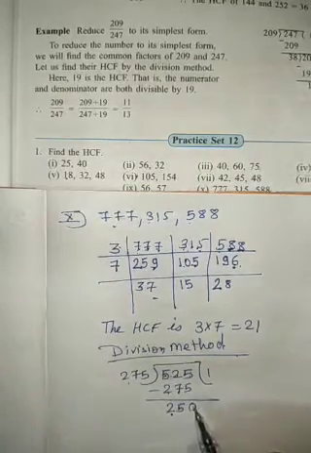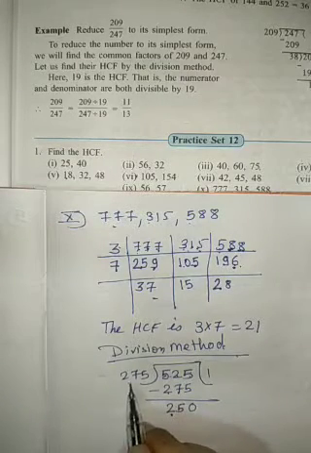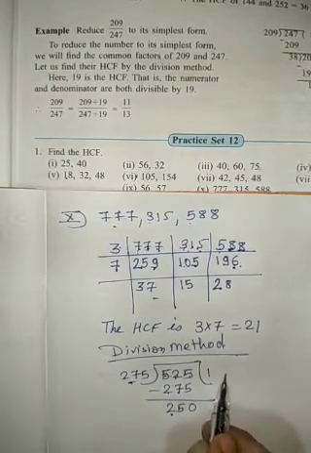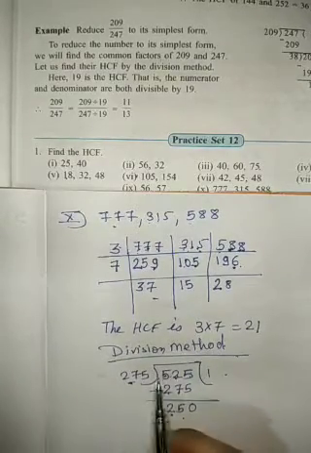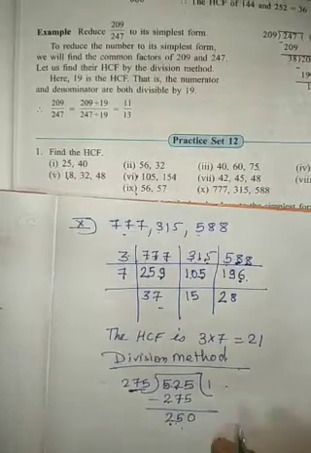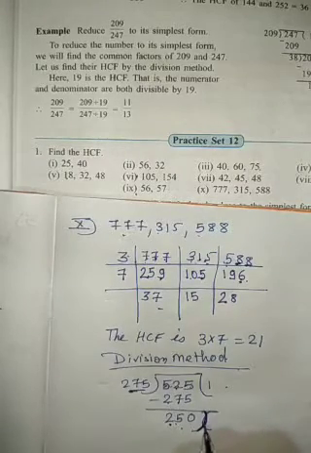Okay, now after that what you will do? This is the divisor, this is the dividend, this is the quotient, and this is the remainder. Then you will divide this divisor by the remainder, meaning you will write this number 275 over here like this.